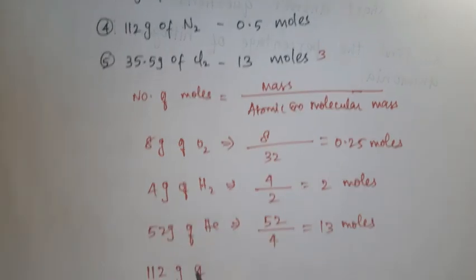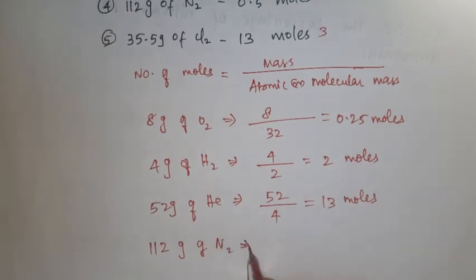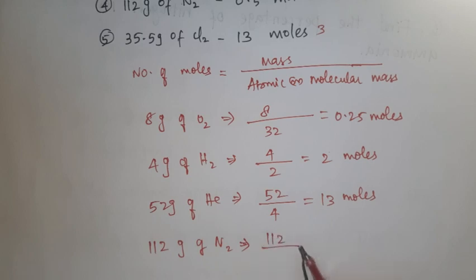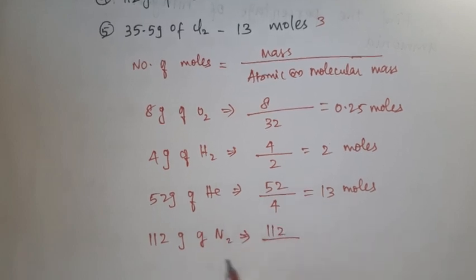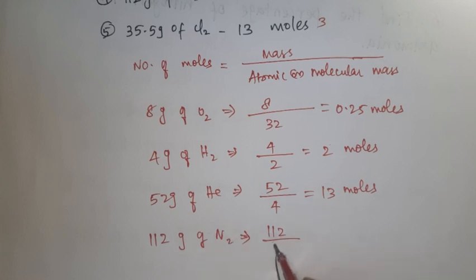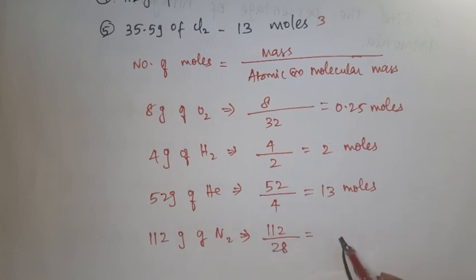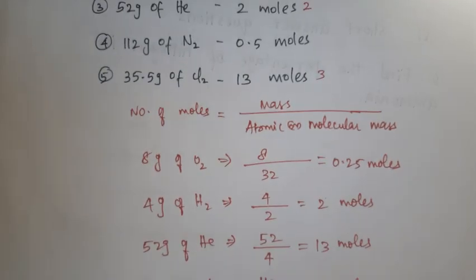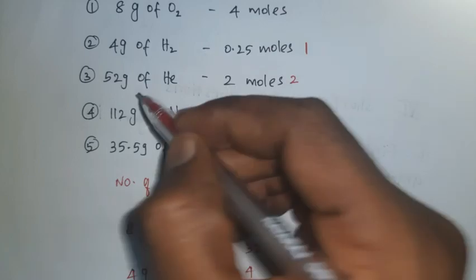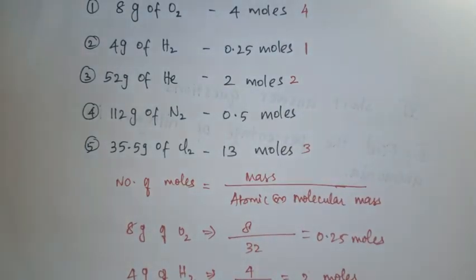Given mass is 112. Molecular mass of nitrogen is 28. If we divide this, we'll get 4 moles. So 4 moles is the fourth answer, 4.